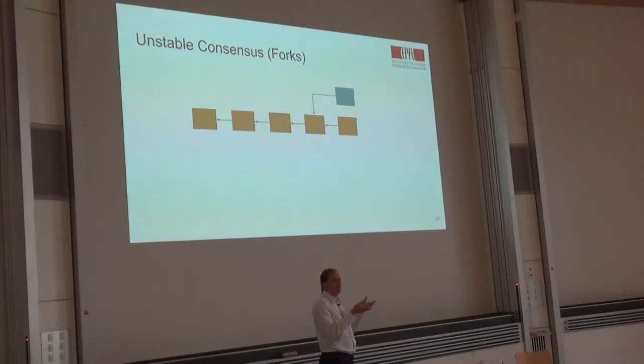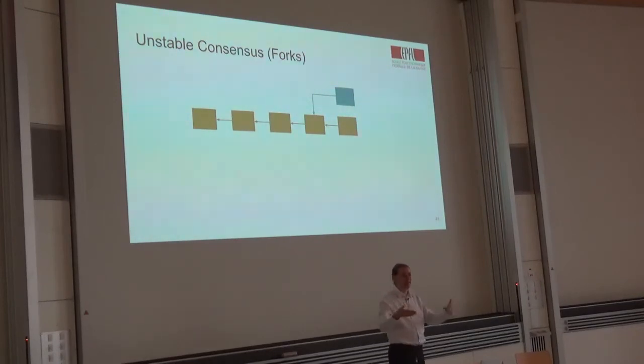That's why I said some of the miners will try to further extend the blue block, and some of the miners will try to extend the yellow block. We don't know which of those subgroups is going to be successful first, but they're basically involved in a race. And likely one of them will win before the other. So just again, statistics.